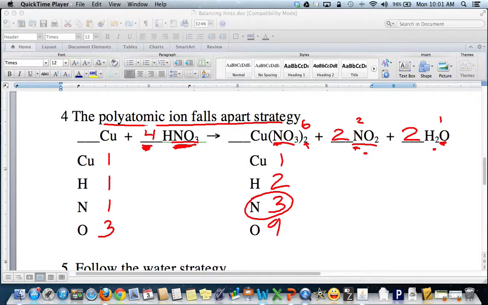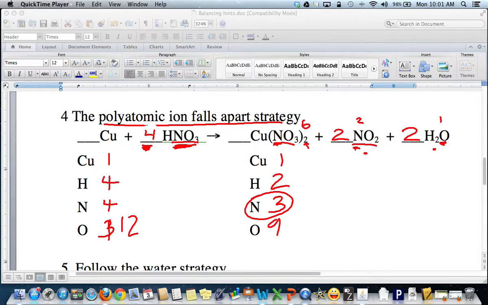You want to tally up now? Go ahead. How many coppers? 1. That's good. How many hydrogens? 4. How many nitrogens? Careful. 4. How many oxygens? 12. How many coppers? 1.